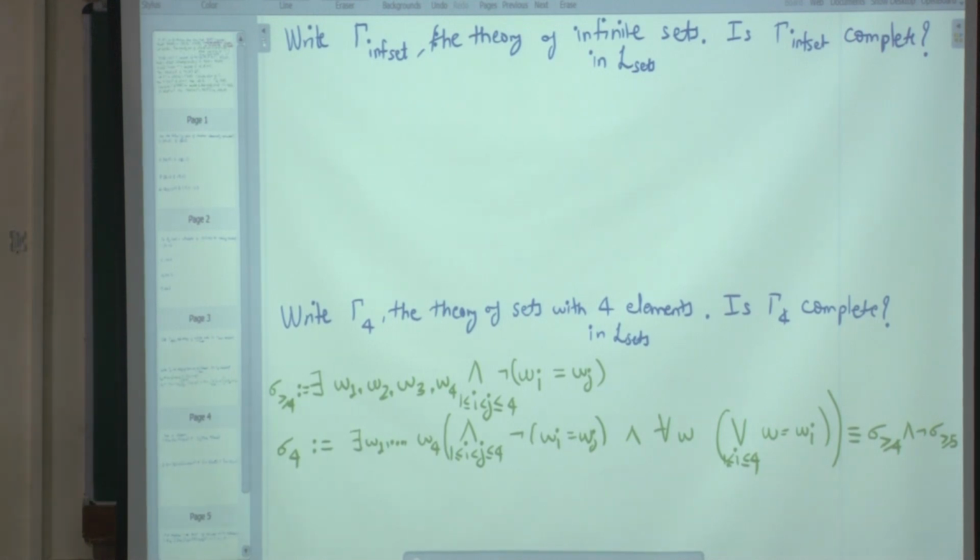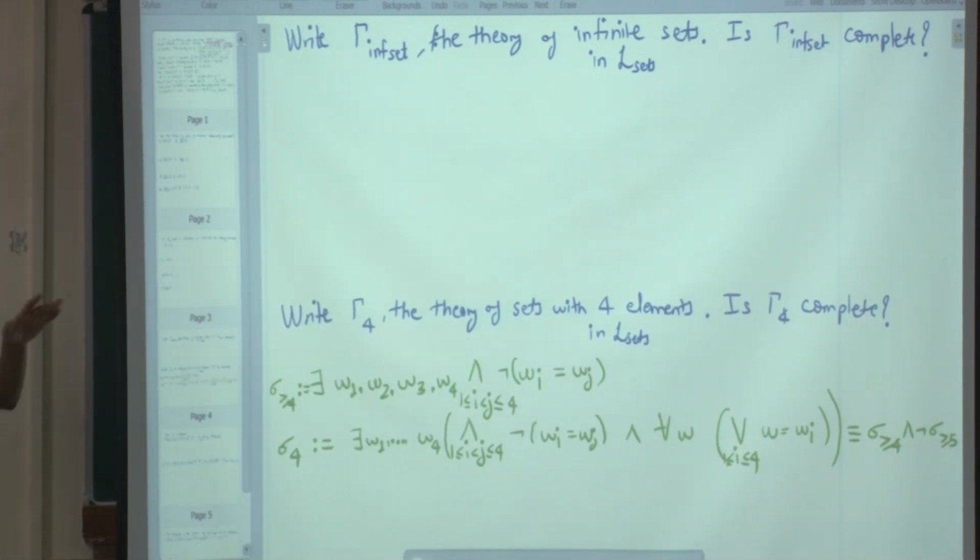Think about this. If I say a theory in the language L sets, the empty language, has a 4-element model, then the statement that it has 4 elements is a logical consequence of that theory.